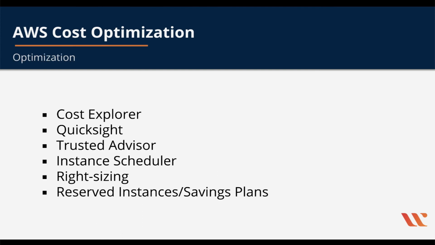The next is the optimization. This is that continual process. Now we have the Cost Explorer and we have QuickSight for cost and usage reports that we can utilize to kind of do fine-grained reporting. And that might help us to understand places where we need to optimize.